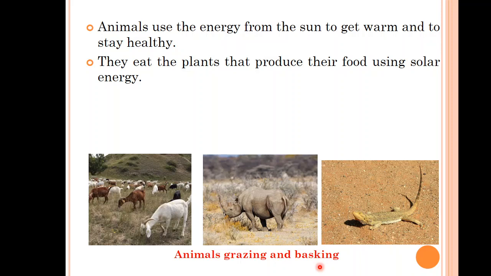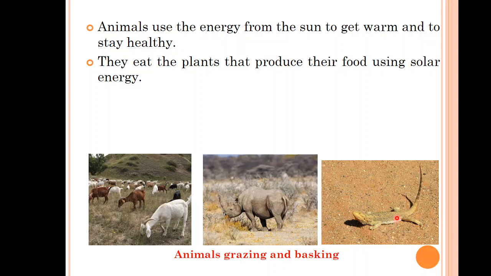So we can see here that there are goats grazing the grass. This grass, for it to grow, needs the solar energy from the sun. And also here there is a rhino grazing, and also a lizard that is basking.